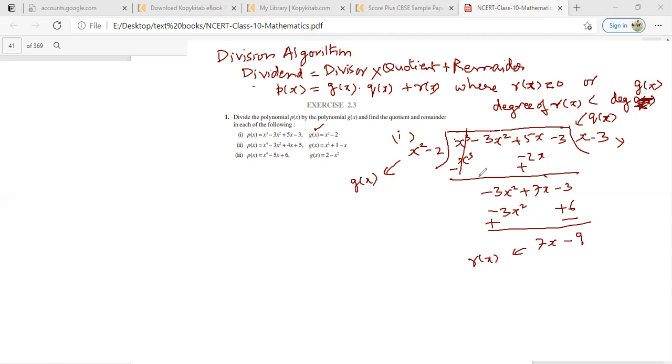So always this degree should become less than this, then we can stop here. We cannot divide further. Therefore, our answer is quotient is equal to x minus 3 and remainder is 7x minus 9.